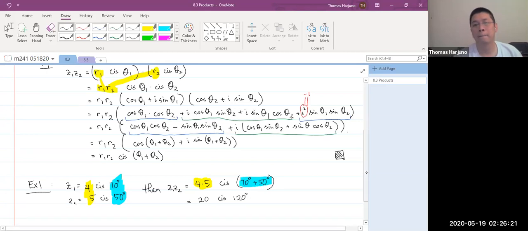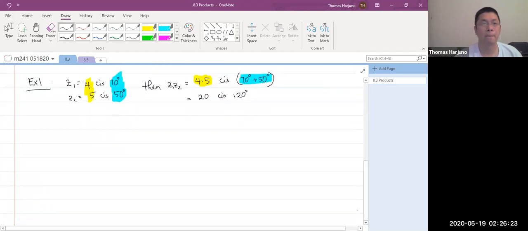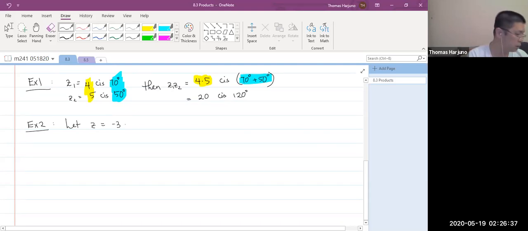Okay, example 2. Suppose, for example, I let C1 equal negative 3 plus 3 radical 3 i.